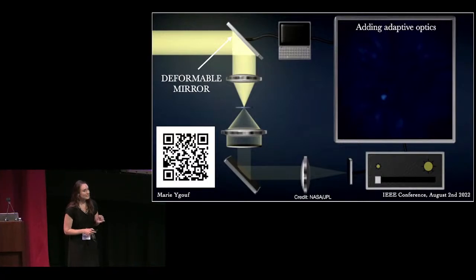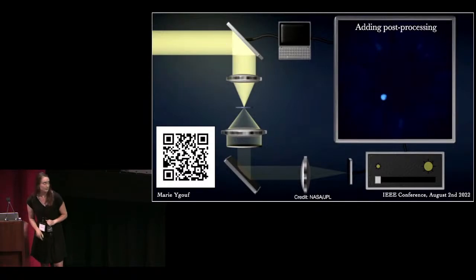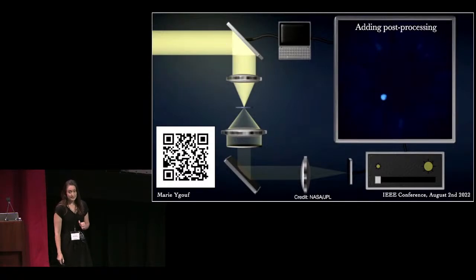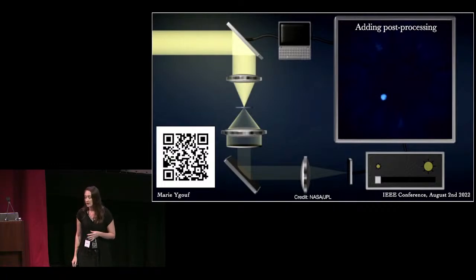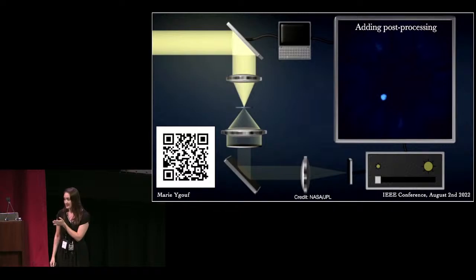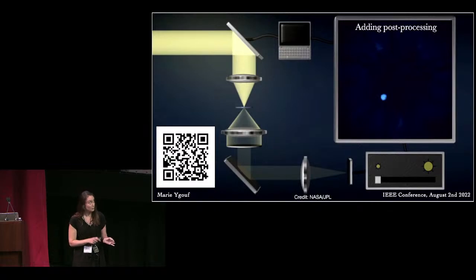You also need to add some post-processing algorithms to further push the contrast. And those post-processing algorithms are combined with innovative, optimal observing strategies that consist in, for example, observing a reference star free of any circumstellar environment to calibrate the residual starlight and remove it from the image.